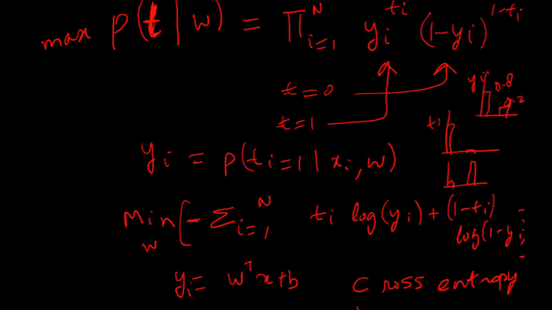Now we can think of it this way: we are trying to bring the y distribution closer to the t distribution, and for that we look at the cross entropy between the two and try to minimize it. That means there should be no surprises in y given t. So what is the cross entropy between two distributions p and q?